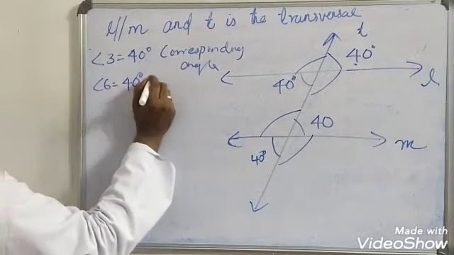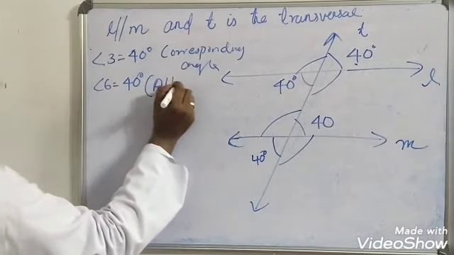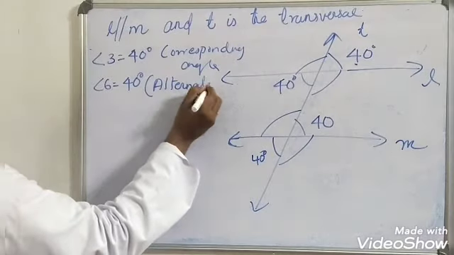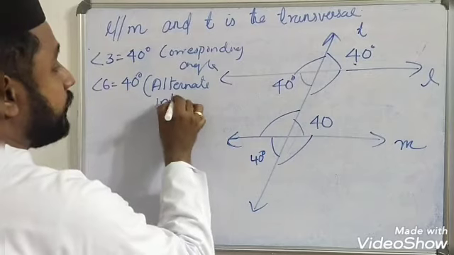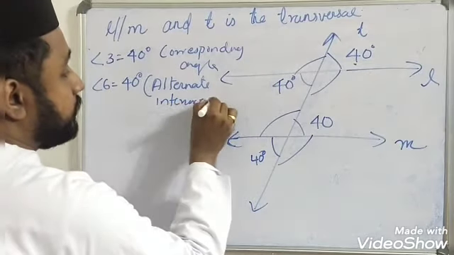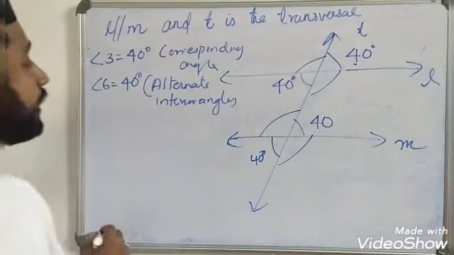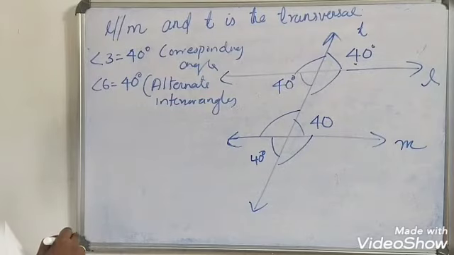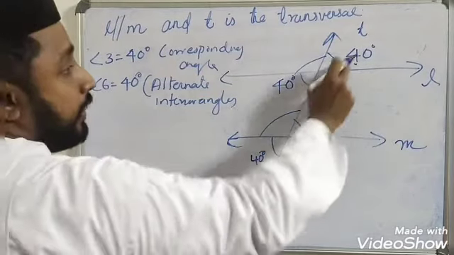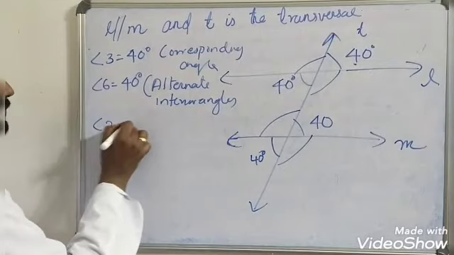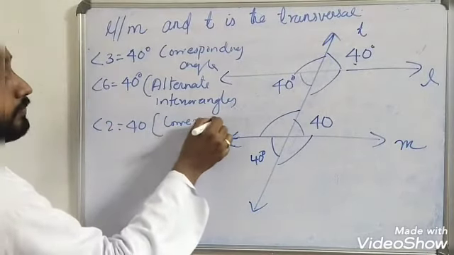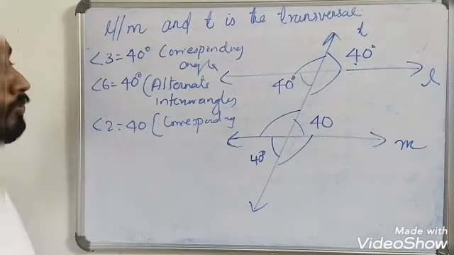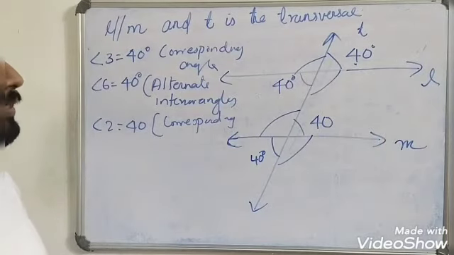We can write alternate interior angle. Two parallel lines, so alternate interior angles are equal. So then if it is 40, angle 2 is also 40. That is corresponding angles. So we got 3 measures.